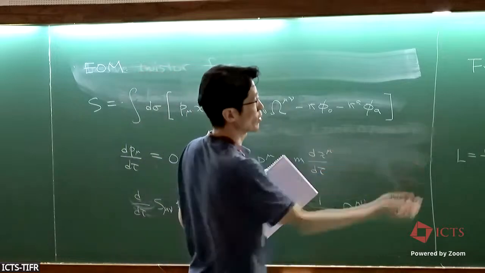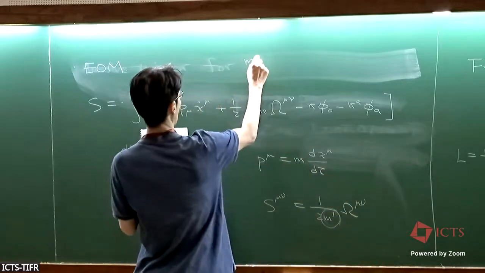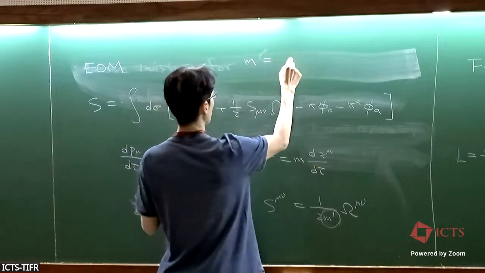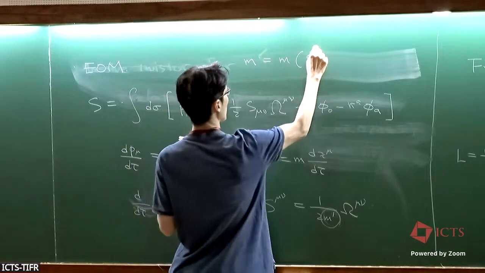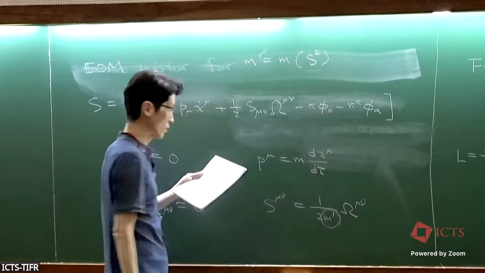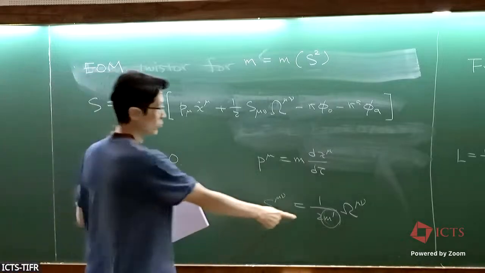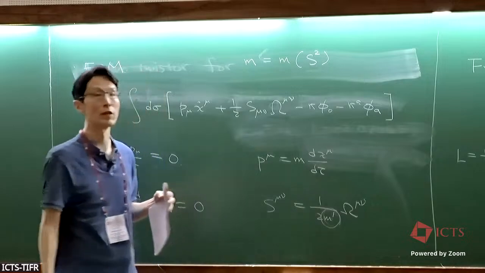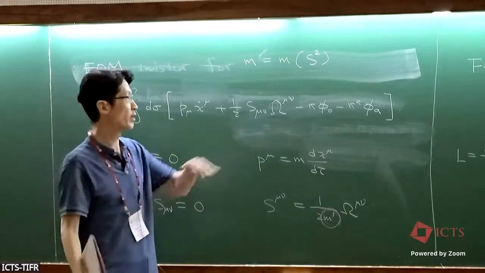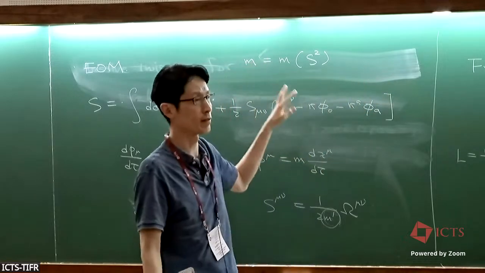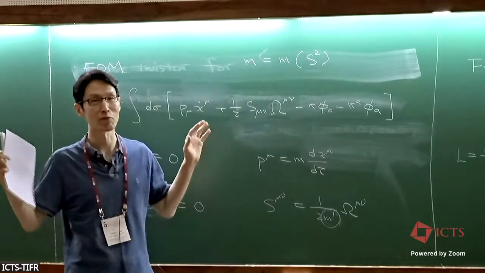In the Hanson-Regge spherical top model, M is not just a constant, it's a function of the gauge invariant spin magnitude squared. And this prime means taking the derivative with respect to this variable. This functional relation between the angular momentum magnitude and mass is colloquially called the Regge trajectory.